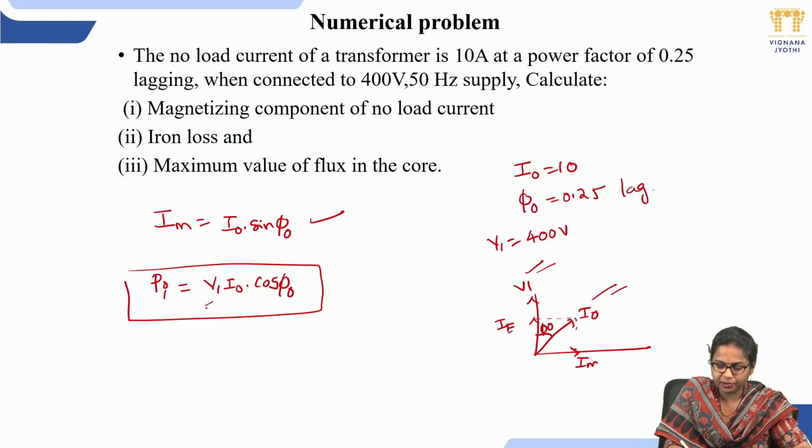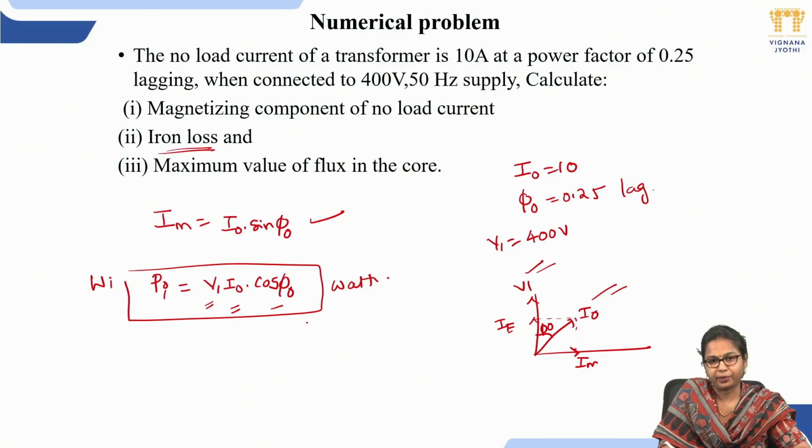That V represents your primary voltage, that current represents your no load current, and that phase angle between this V1 and I naught is phi naught. So this is how we can also calculate the iron losses. And also the maximum value of flux in the core, the maximum value of the flux in the core, we can also calculate using the same equation.